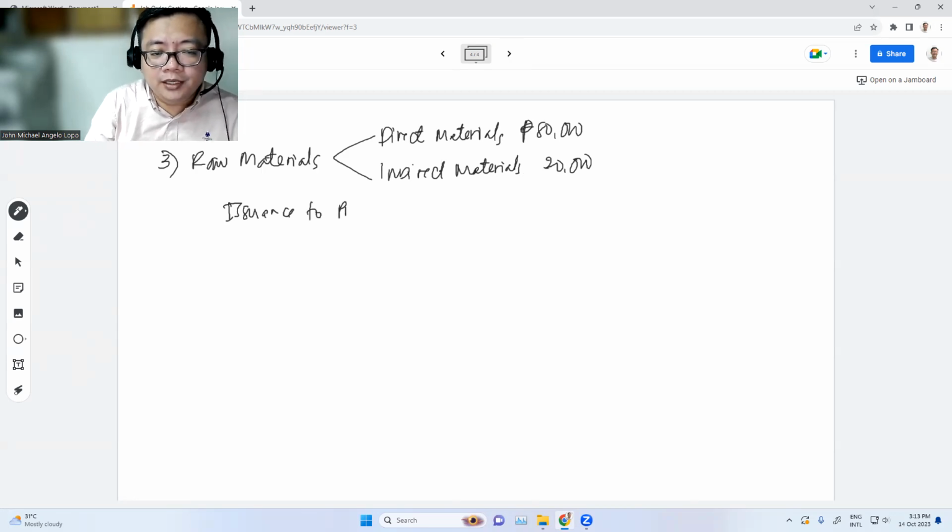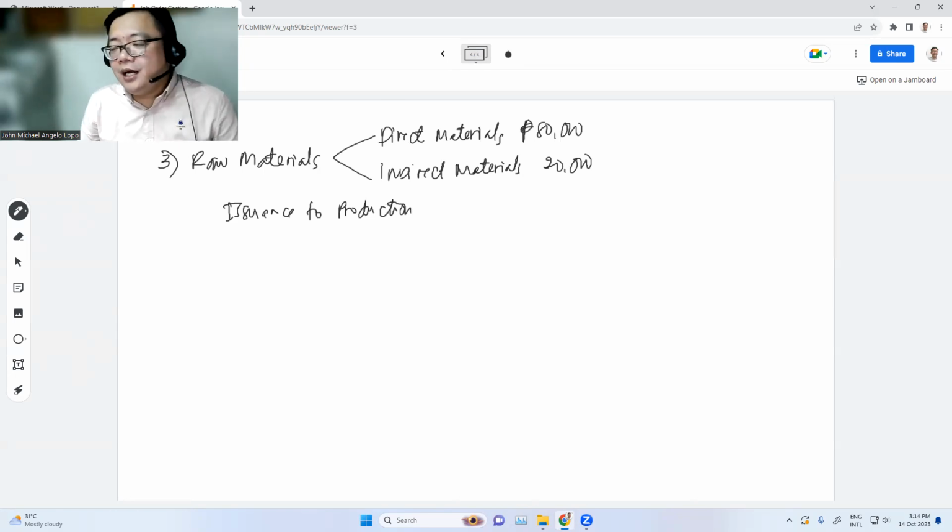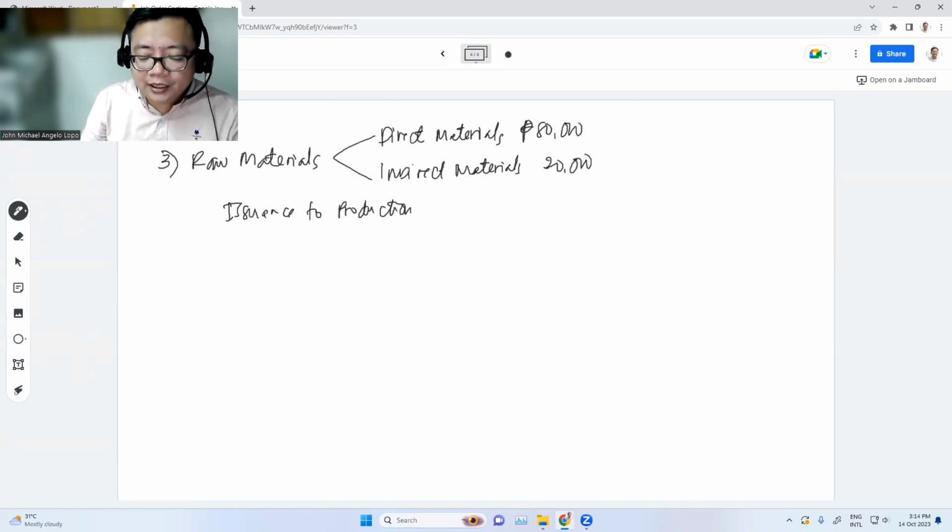Issuance to production. It means, what if you want to manufacture a table? Then I need metal, nails, and screws to manufacture tables and chairs.